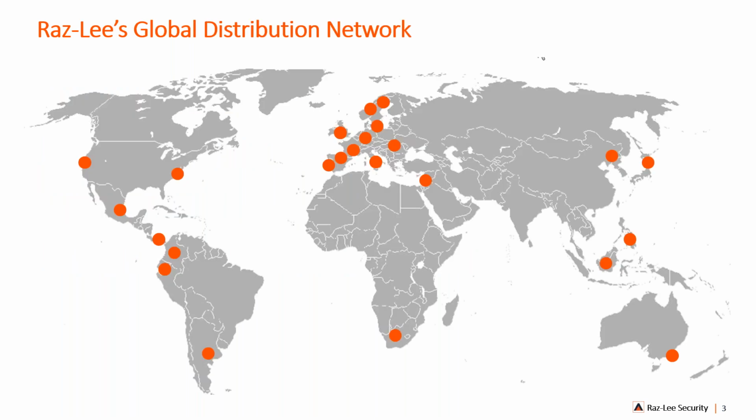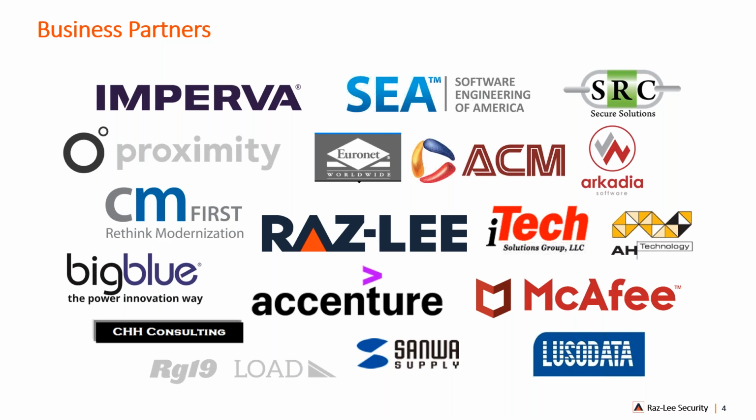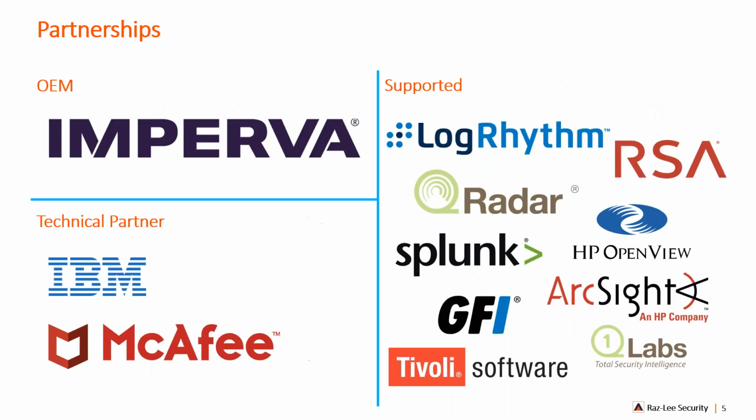This is the map of our corporate offices all over the world, including our business partners like Imperva, McAfee, and other very important companies, including IBM. As you can see, we have many companies that partner with us, including most of the major SIEM and DAM companies.